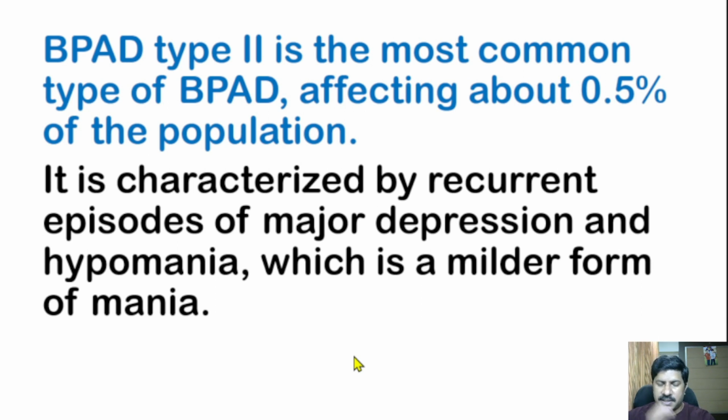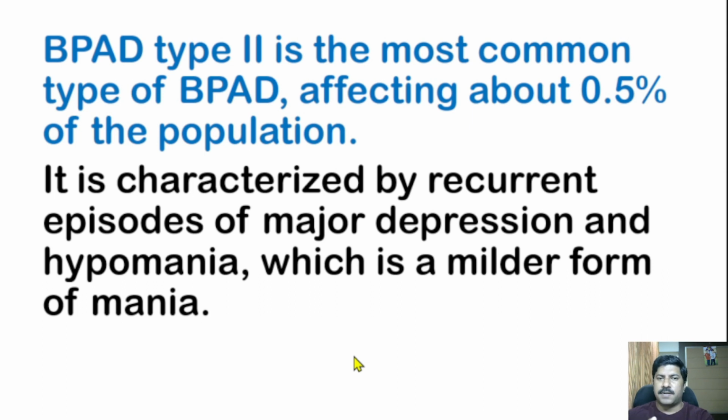So that is the important thing here. There will be major depression in both cases, BPAD type 1 and type 2. But in the case of mania, in type 2, there will be hypomania, a very mild form of mania, and it will not impair the lifestyle or life pattern.